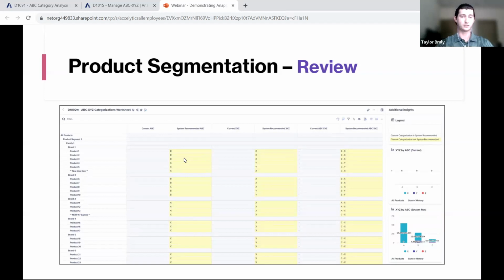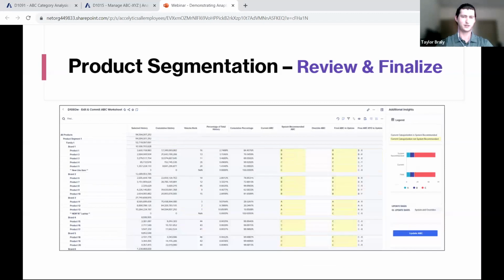By default, I believe the thresholds are about 0% to 60% for category A, which means it is performing the best, with high demand or high sales volume. 60 to 90 for B, which would be moderate sales volume, and then 90 to 100 for C.